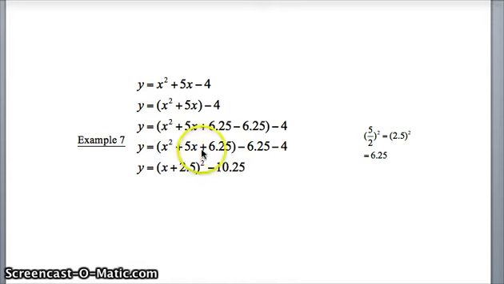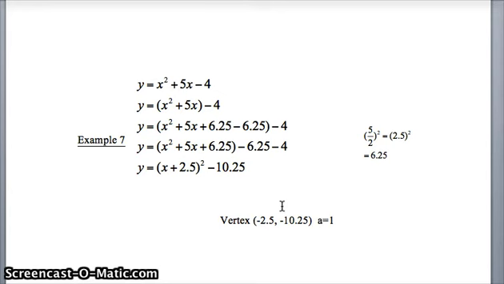And when we factor the perfect square inside, it's always going to end up being half of the middle term, or the square root of the last term with the same middle sign. Okay, so we can see now from this that our vertex is going to be at -2.5 and -10.25 with an A value of 1.